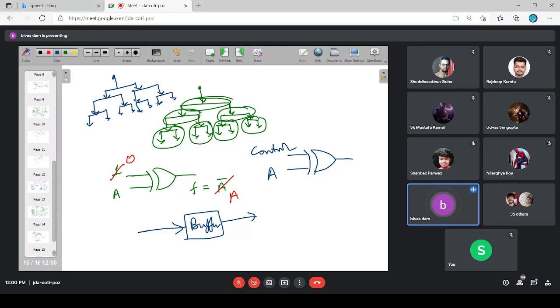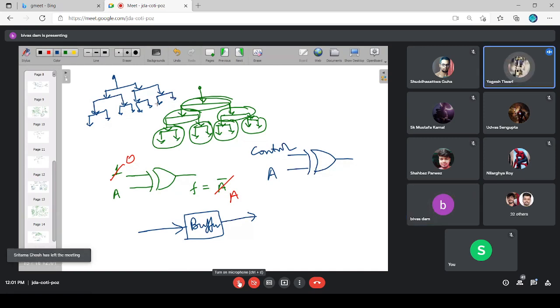Let me quickly go for the attendance. Mansoor? Present, sir. Boyvav? Present, sir. Yogesh Tiwari? Present, sir. Mustafa? Present, sir. Sublin Singh? Absent. Shikha Shah?